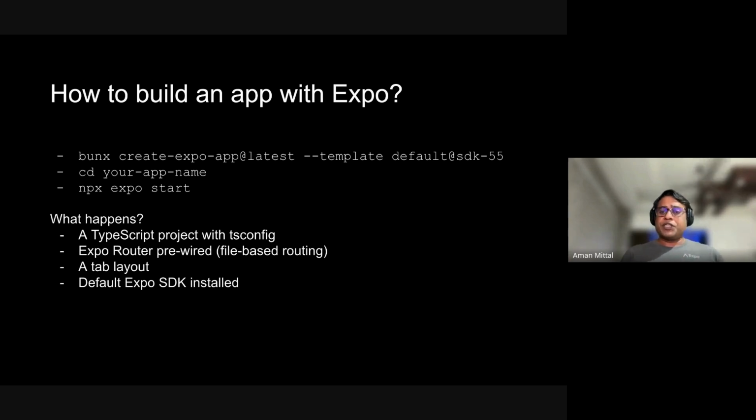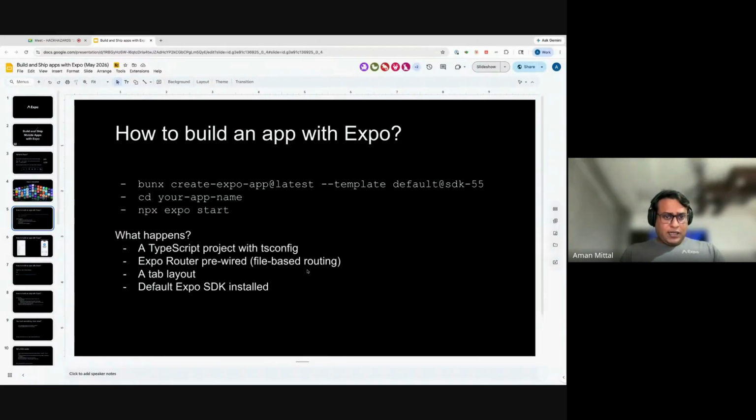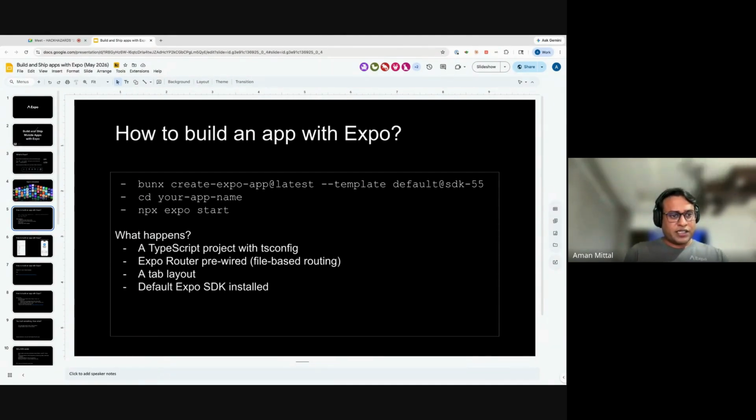I just wanted to quickly show how it happens and give you folks a small demo. So let me go outside of it and go to my terminal. I have not created any new project here, and I'm going to run this command with bun. I think it's faster.